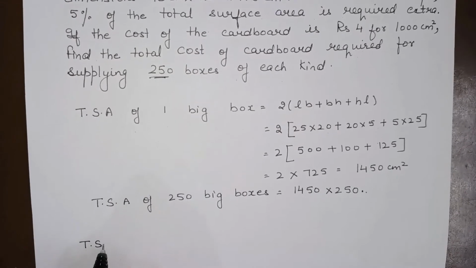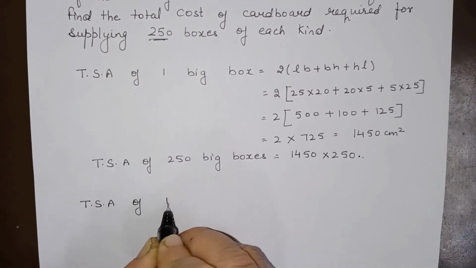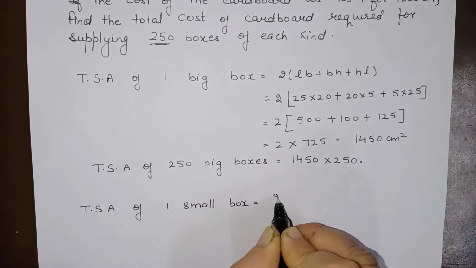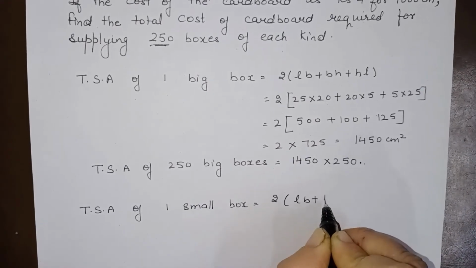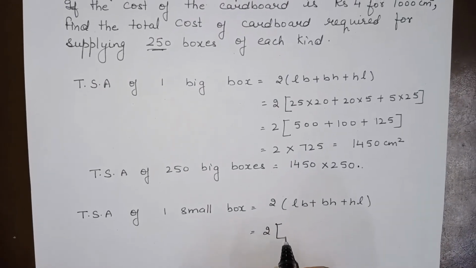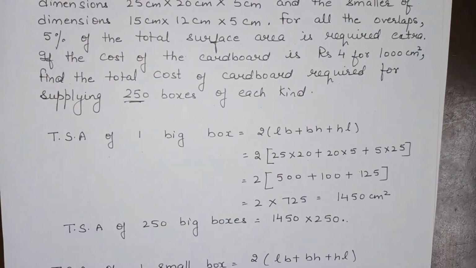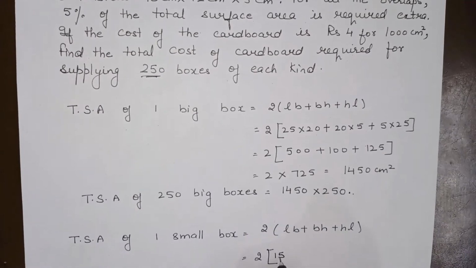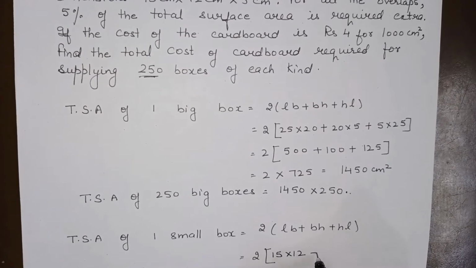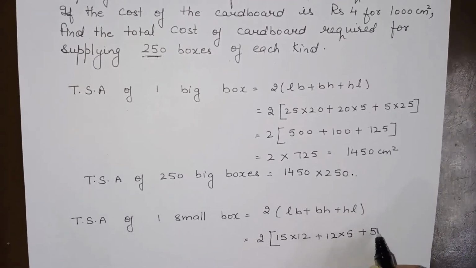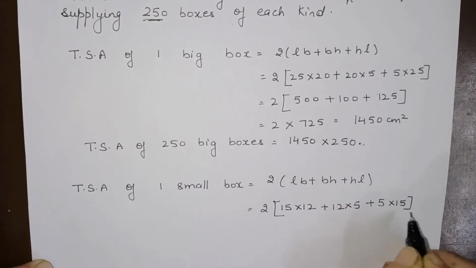So total surface area of one small box. By the same formula we will calculate. So this will be equal to 2 times, see, 15, 12 and 5. So this will be 15 multiplied by 12, 12 multiplied by 5 and 5 multiplied by 15.